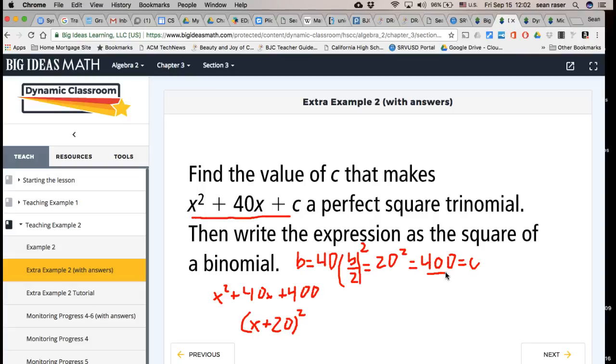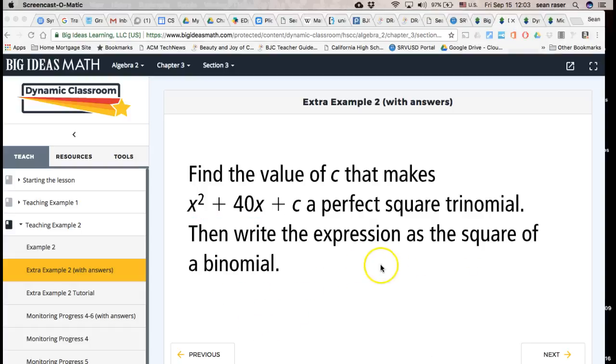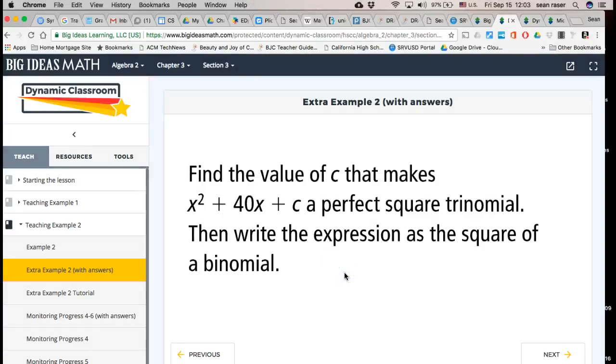In all of these examples, they've been nice whole numbers that are evenly divisible by 2. That's not always going to be the case. This can work for any number, whether it's a fraction or not. An example would be x squared plus 3x plus c, and we want to see what our c value would need to be to make this a perfect square trinomial. You just do the same exact process. Nothing changes.